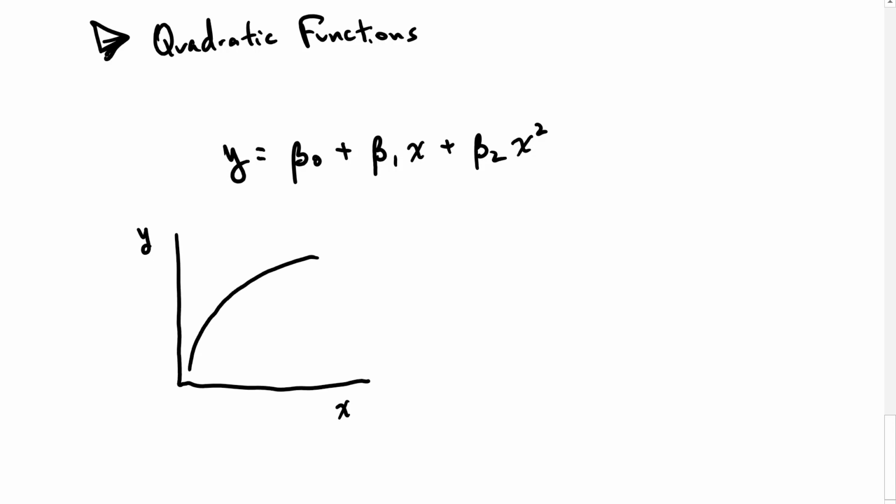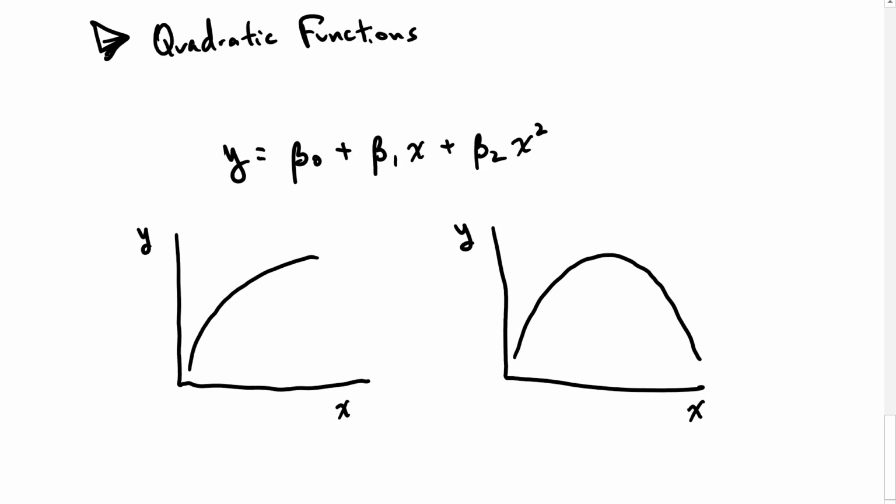They could be going up just initially like that with a large enough x. However, quadratic functions will often return back down and take on a shape like this. Note that it does have a maximum, so there is some point up here at which the slope and therefore the marginal effect of x on y is equal to 0.